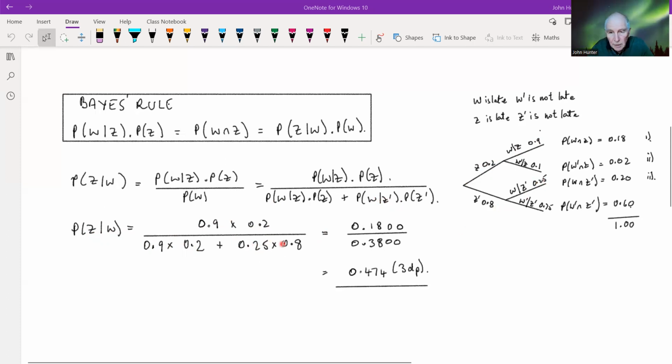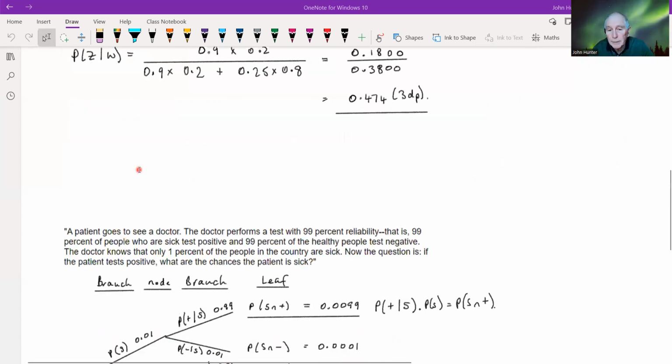And the probability that Zara is not late is 0.8, because that's 1 minus the 0.2 at the start of the question. If we multiply those through, we get 0.18 divided by 0.38, which is 0.7742 to four decimal places. So that is the probability that Zara is late given that we is late. That's basically inverted the conditionality, and that's something that does come up.